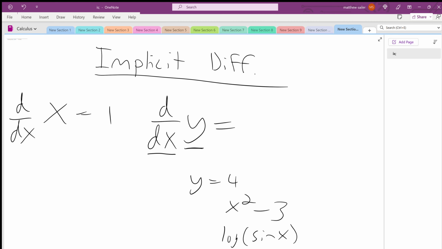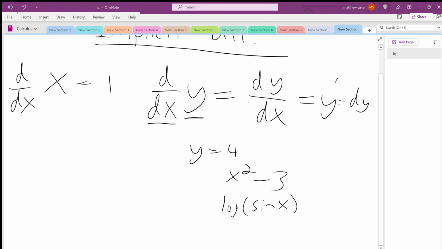So when we take the derivative with respect to x, we simply get this, dy over dx. We could also call that y prime. Again, that's all we're saying. So where this really comes into play is when you have parts of an equation that might have x times y.